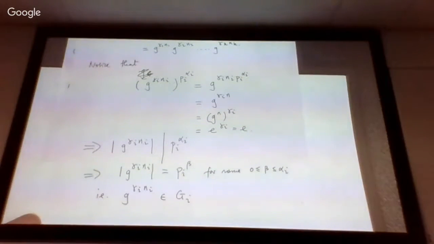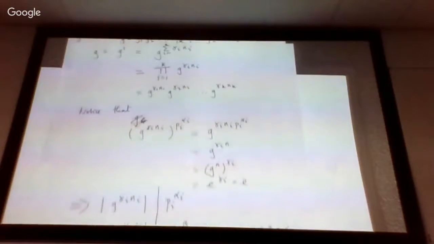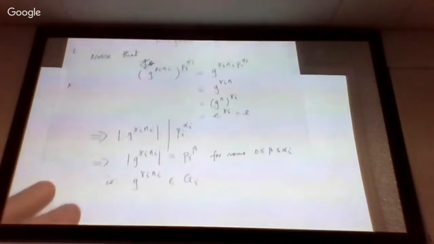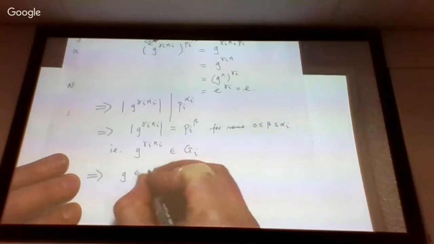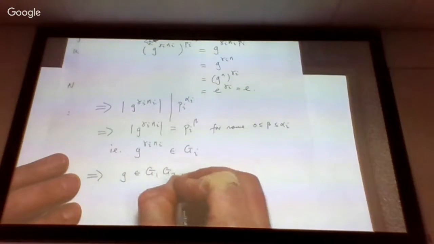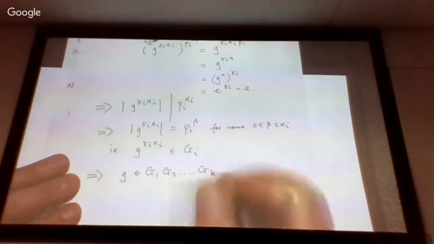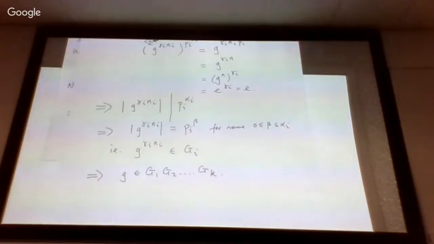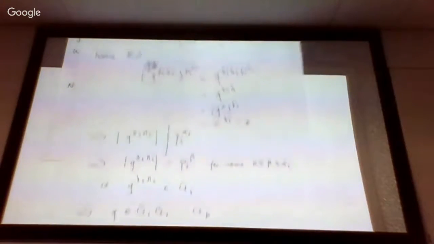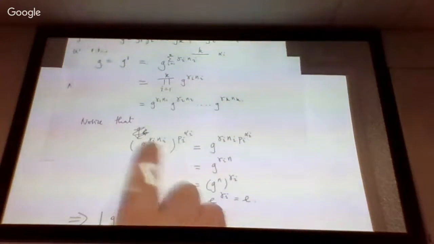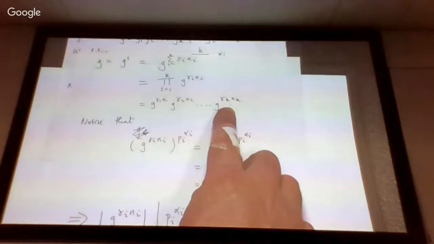So that implies that g is an element of the set-wise product of all of the primary components, doesn't it? Because we took the element g and we were able to write it as a product. In this funny way of writing one, we saw it as a product of all these powers of g.